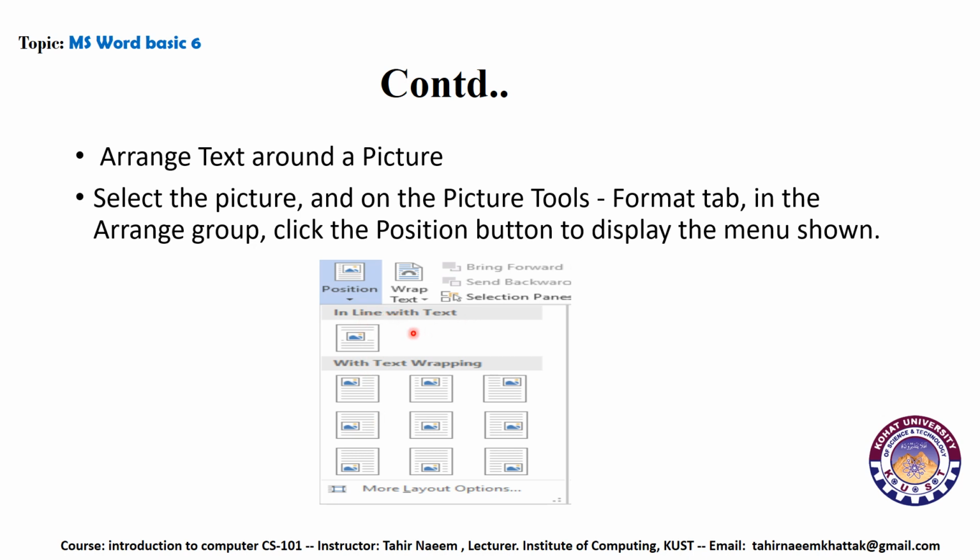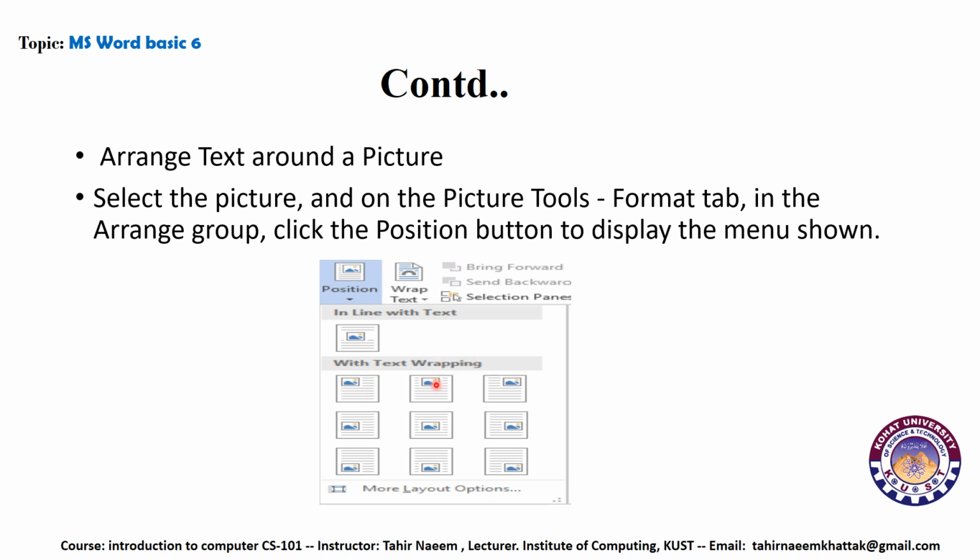In Line with Text means that text will appear before the image and after the image, while no text will be available on the left or right side of the picture. With Text Wrapping, you can see that here our picture is placed on the left side, while these lines represent the text which we can write.